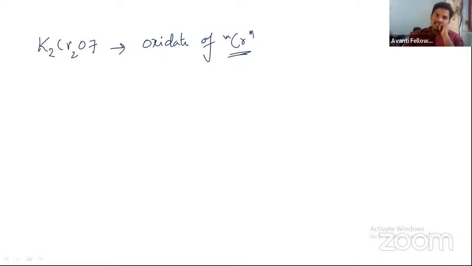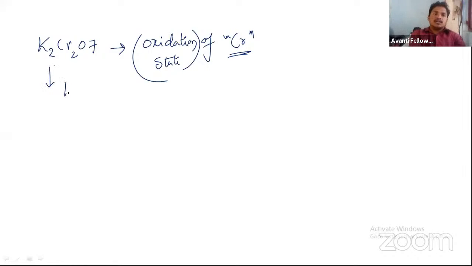What is the oxidation state of chromium? Very good, Harshita. Okay, so that is +6. Let's see how it will be +6.